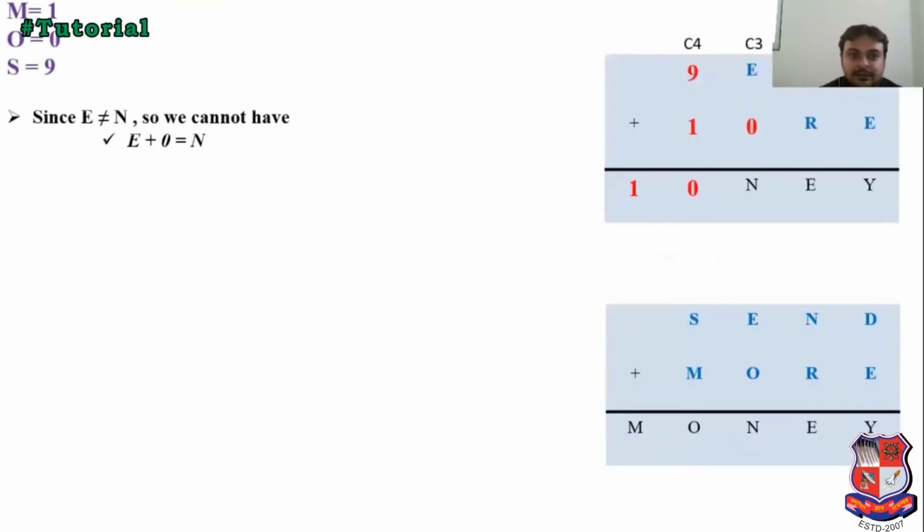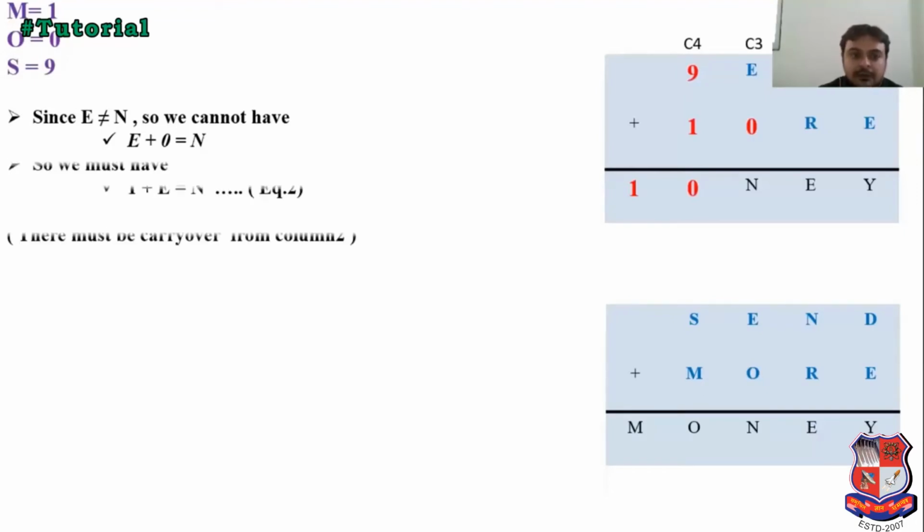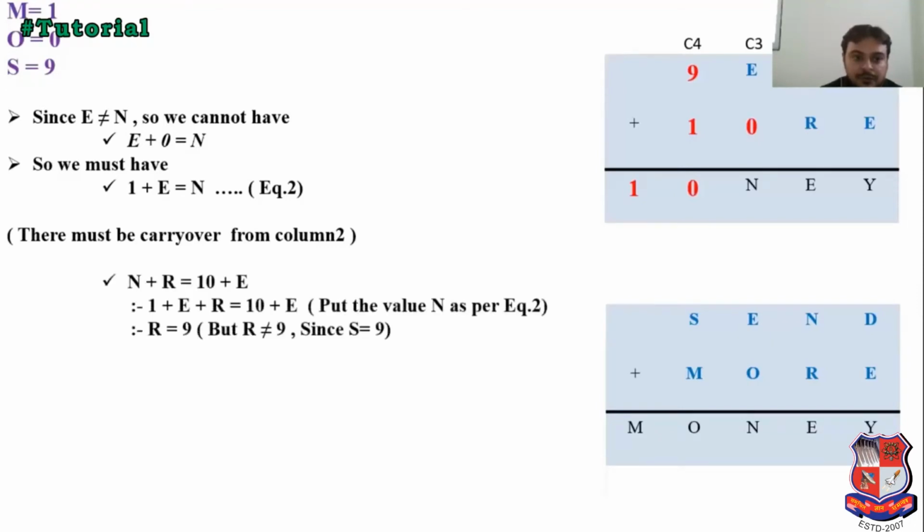So here we can find out the m, o and s values. Since e is not equal to n, we cannot write e plus 0 is equal to n. So we generate a carry for column number 2. So we can write column number 3 like 1 plus e is equal to n, and we consider it equation number 2.